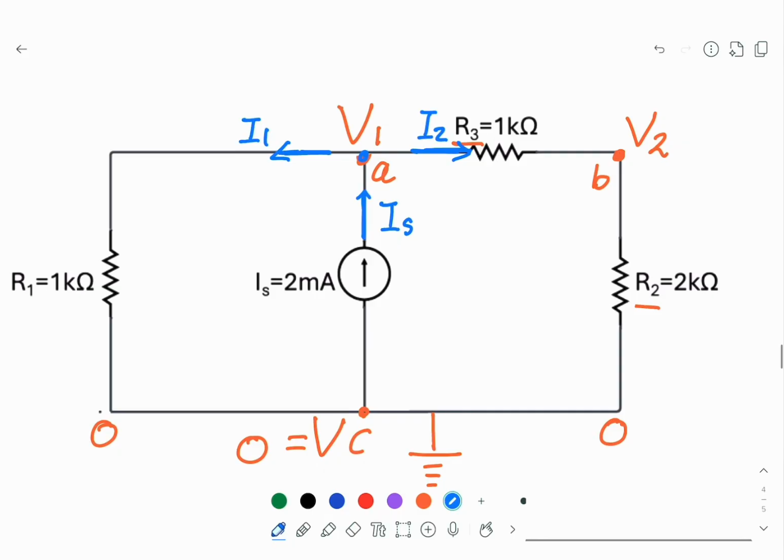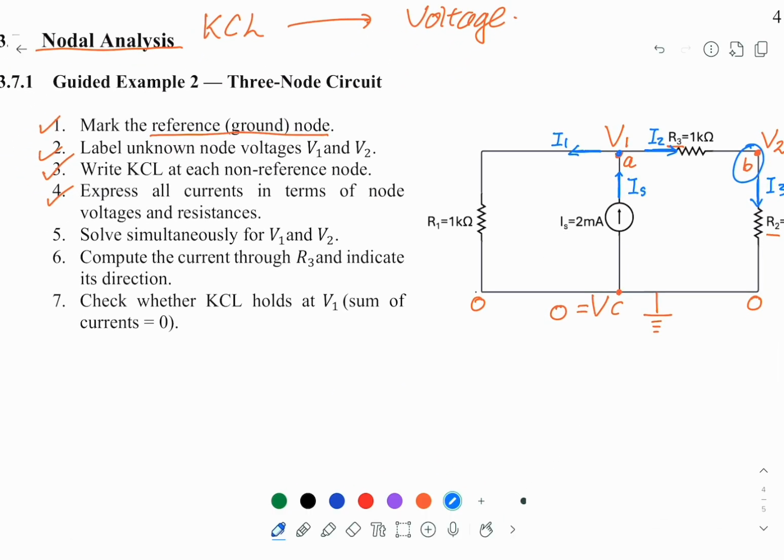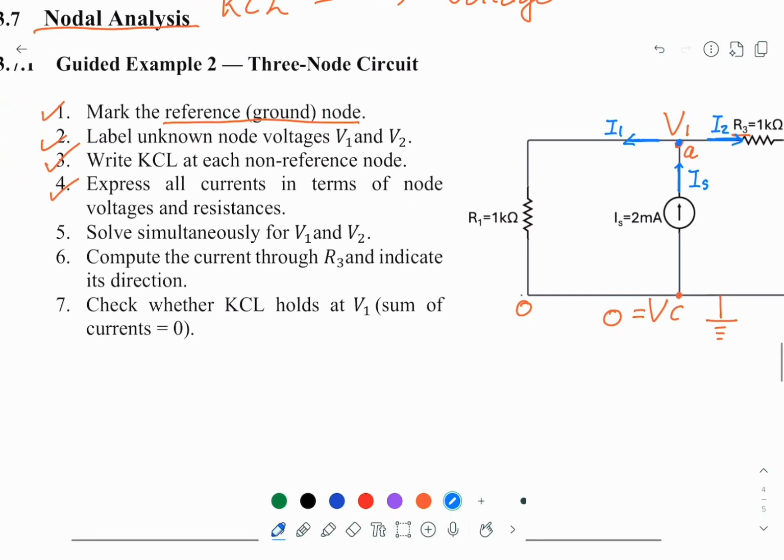When the I2 passes R3, it reaches the node B. And we can assume here this is I3. Of course, we know I2 must equal I3, but we just put it here. This will be enough for this particular case. So write down the KCL.